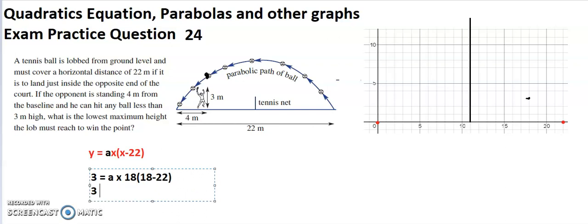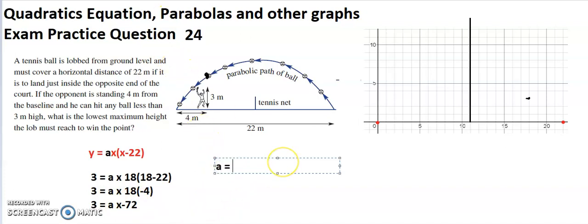If we solve that, I still don't know a, but I know 18 take away 22 is negative 4, and then 18 times negative 4 is negative 72. So now I've got 3 equals a times negative 72.